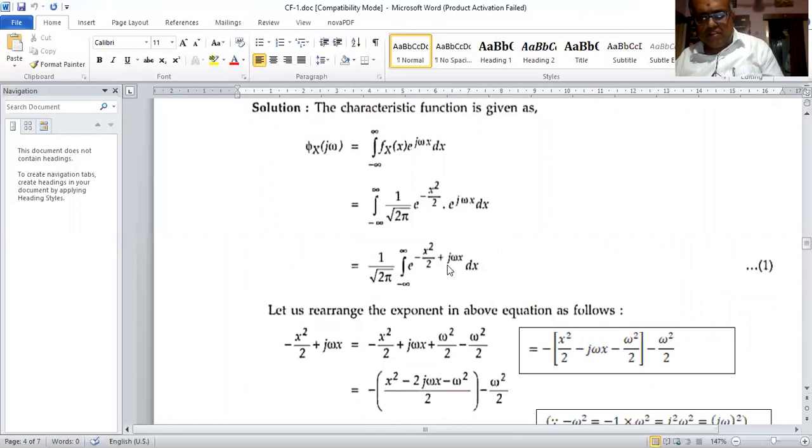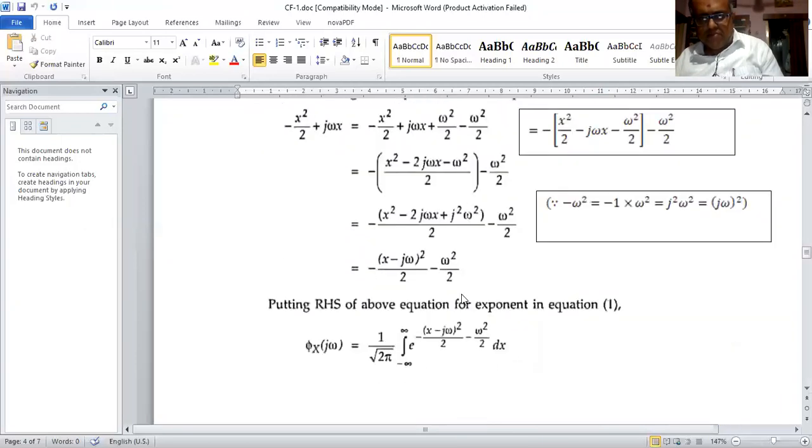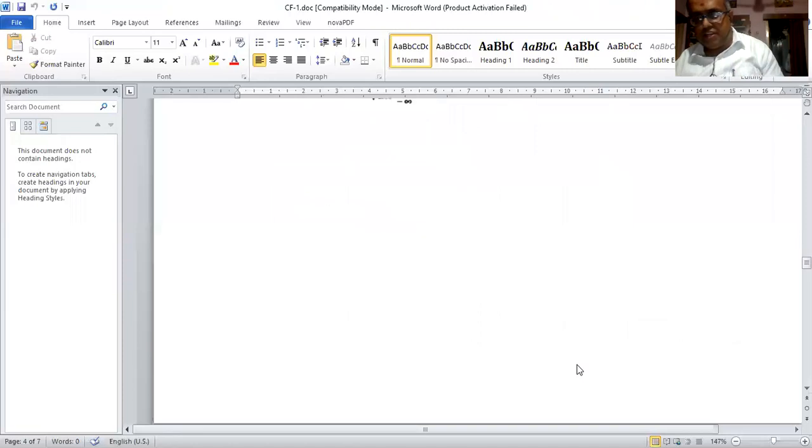So I have solved for this exponential. Replacing this exponential in equation 1, phi x of j omega equals 1 by root 2 pi integral from minus infinity to plus infinity e to the power of minus x minus j omega the whole squared by 2 minus omega squared by 2 dx. This is the third key step. Very, very important problem. You can expect such problems in your examination and also for your internals.